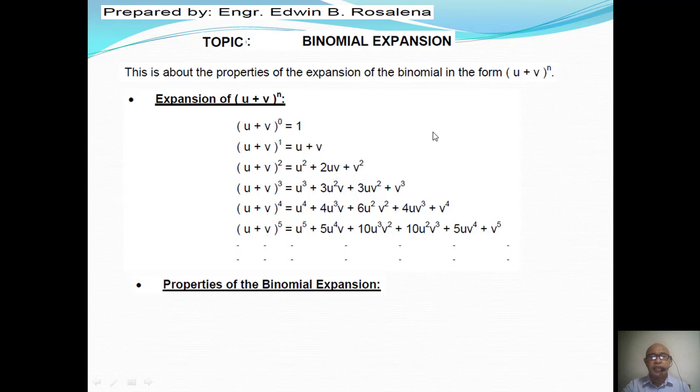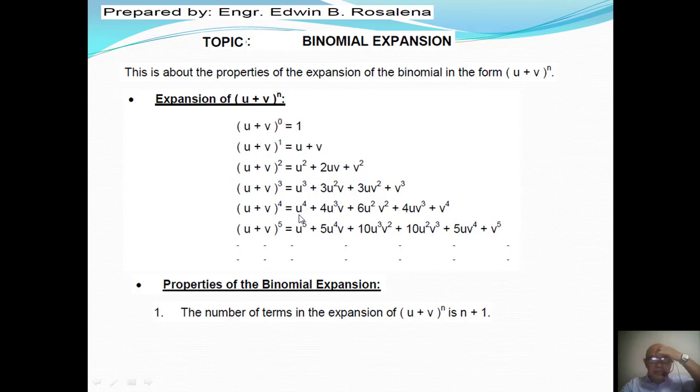So, the properties of the binomial expansion, number 1 is this. The number of terms in the expansion of u plus v to the power n is n plus 1. If we look here, when the exponent is 4, that is n.